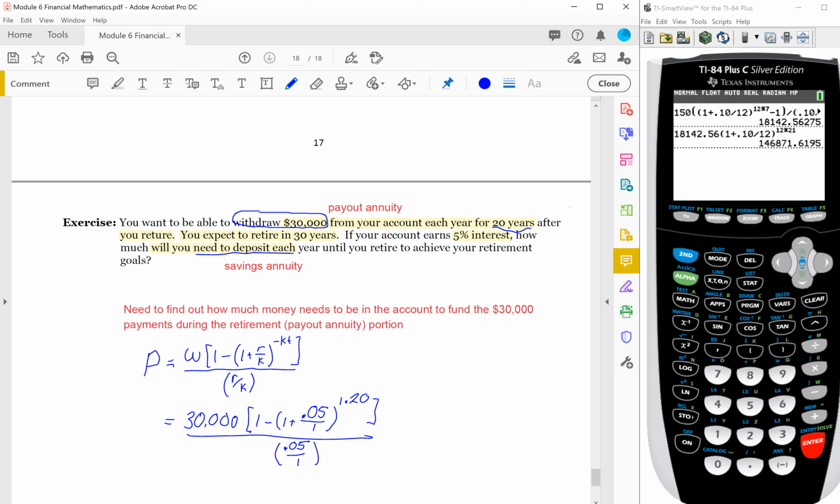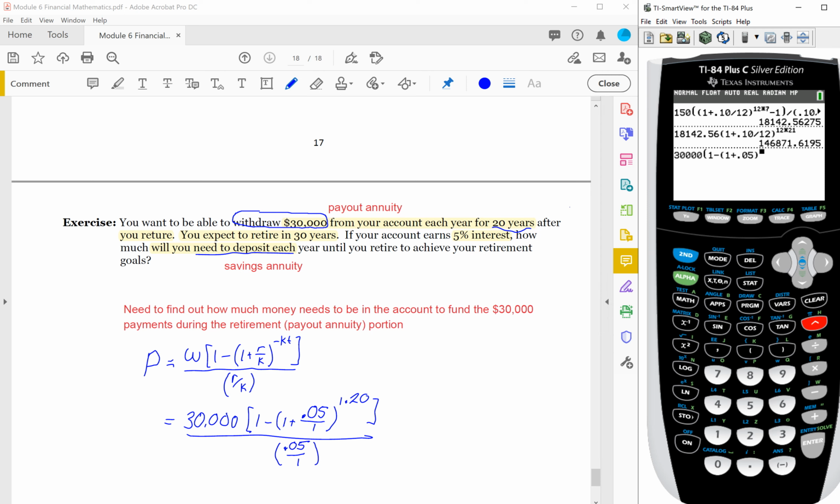Okay, so here we go, the 30,000. For your first bracket, I write it as a parenthesis, 1 minus, another parenthesis, 1 plus, the 0.05. I'm dividing by 1, so I'm not going to write that.